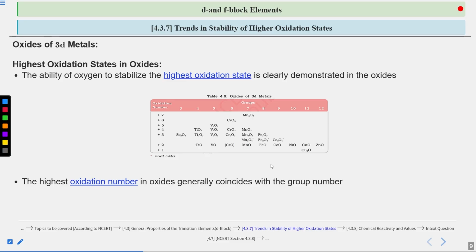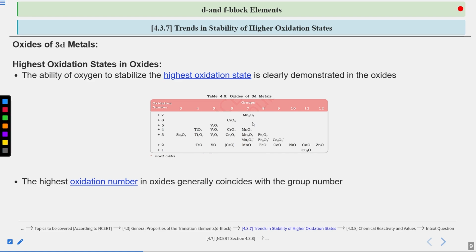Still, the highest stable fluoride is MnF4 in the +4 oxidation state, right? So the superiority of the oxide: the oxide formed by manganese has +7 oxidation number, right? So manganese in its highest oxidation state forms stable oxides.